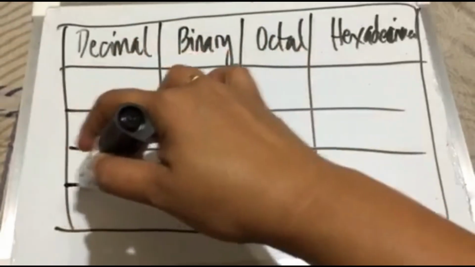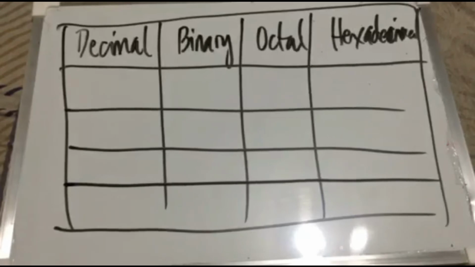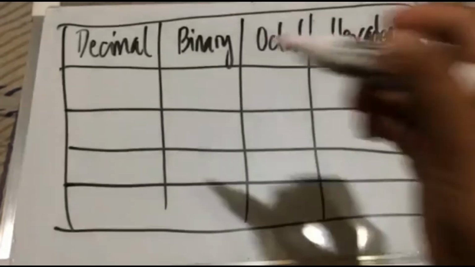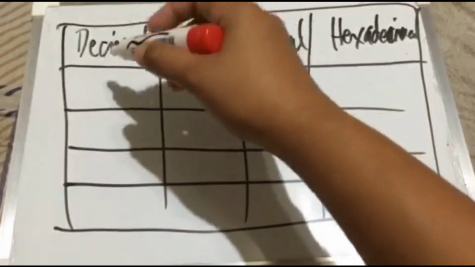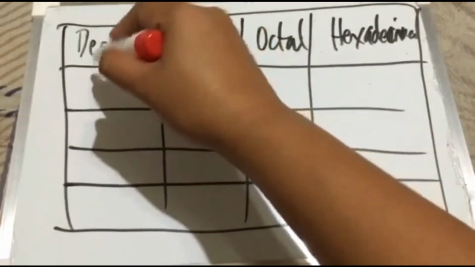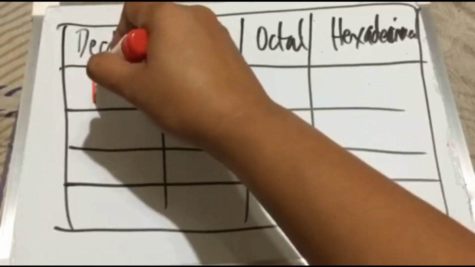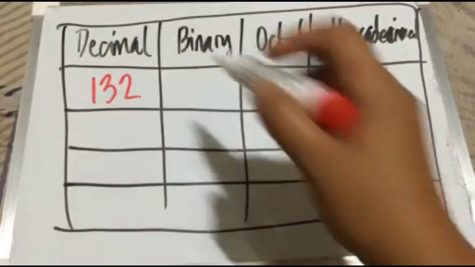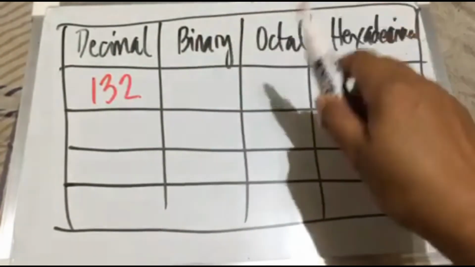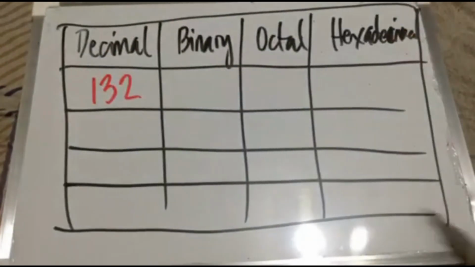So you have to answer. Say for example, I have here 132 for decimal. So you need to get the binary, octal, and hexadecimal equivalent.